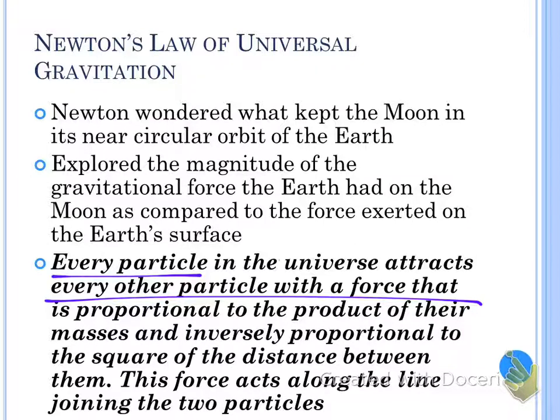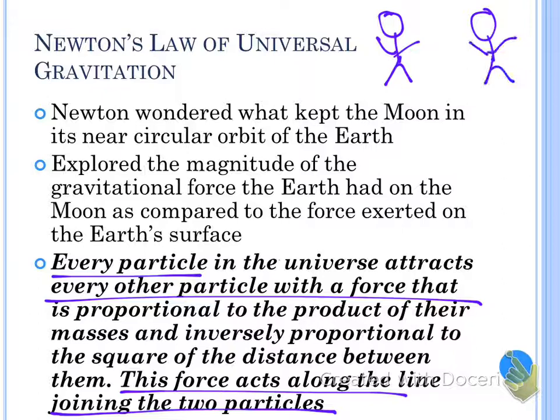Okay? Something that I want us to think about here is it said this force acts along the line joining the two particles. Okay, so if I have two people, there's a gravitational force between these two people. Okay, some force between them. Do we see those two people start sliding? No. Okay, hopefully not. But there is a force between them.